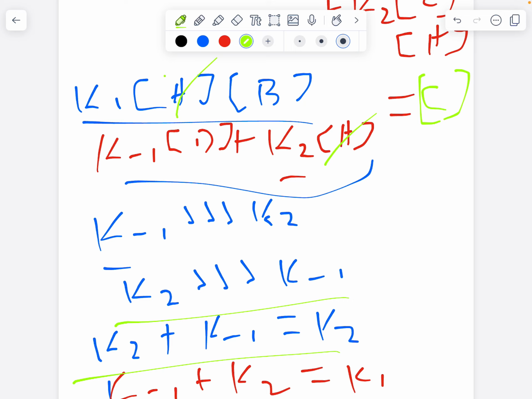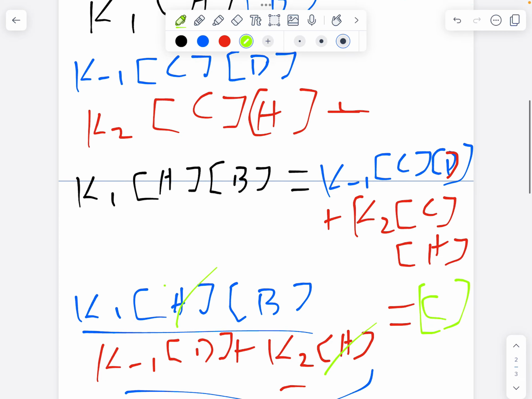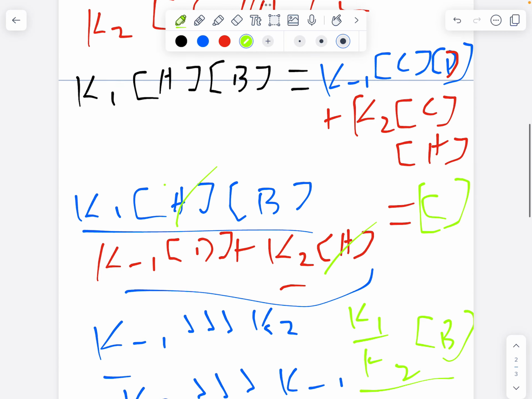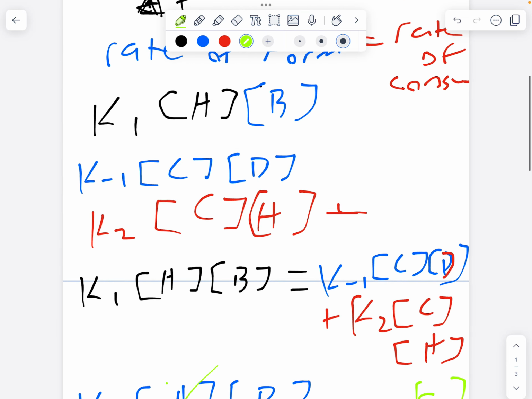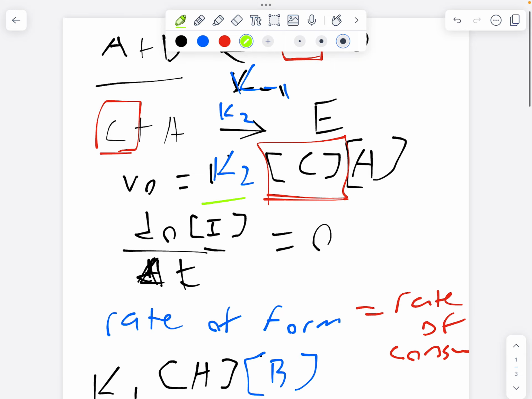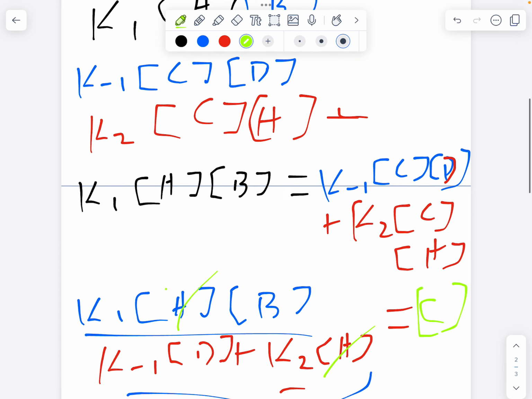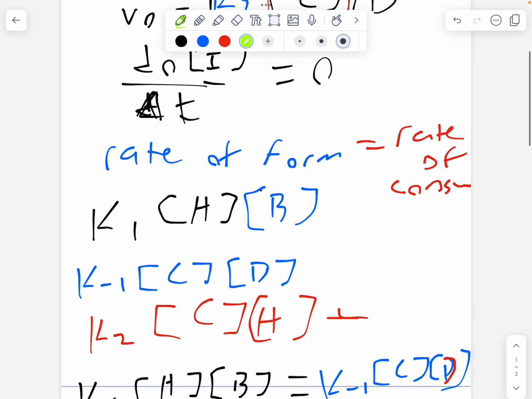So we'd be left with k1 over k2 times the concentration of B. So now I'm looking at the original equation. If we sub this whole expression for C in for C up here, then there'd be funny cancellation happening with this k2 and this k2, if you can follow me.